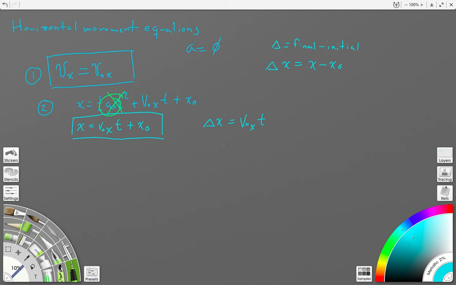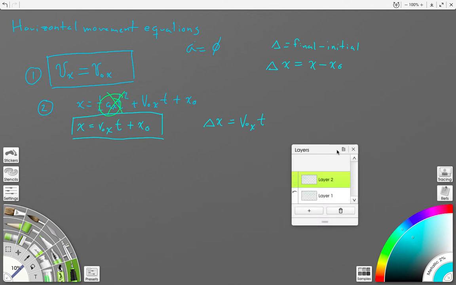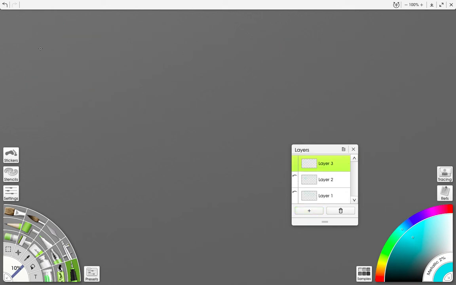For vertical movement, we already have the equations we need.